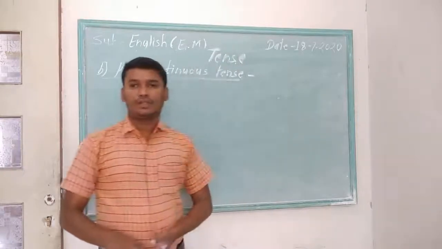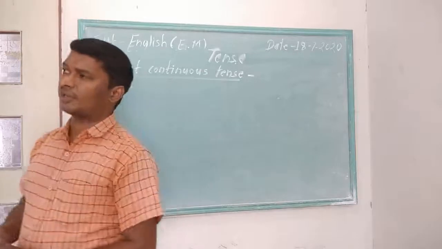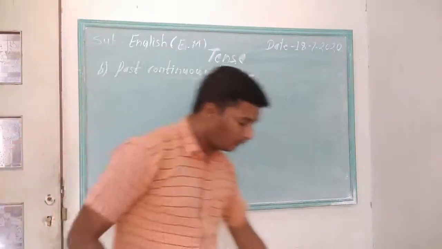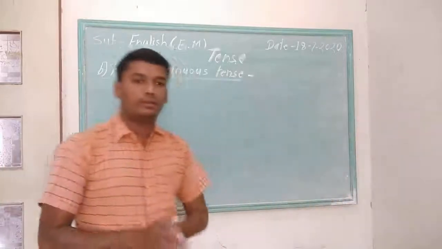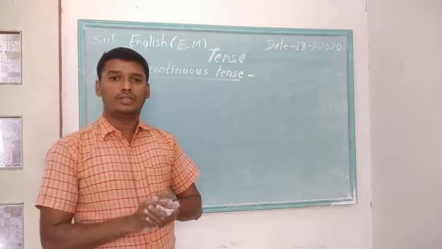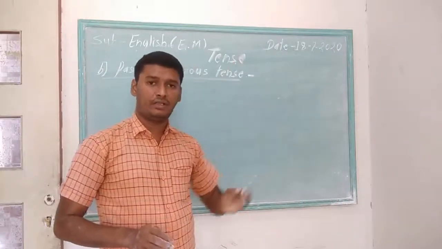Pay attention here. Where do we use this tense and what's its structure? We use this tense for such action which was going on at the time of speaking in the past.